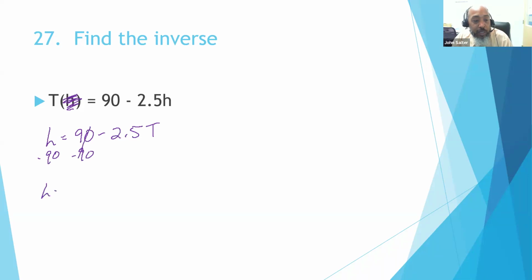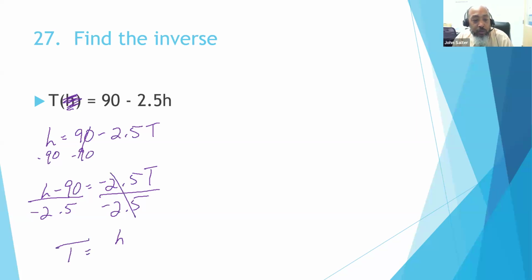I get h minus 90 equals negative 2.5t. Divide by negative 2.5. And I get t is equal to h minus 90 over negative 2.5. This is my inverse.